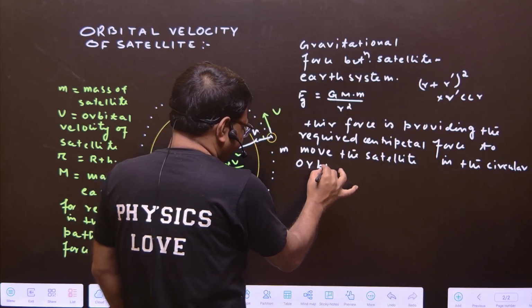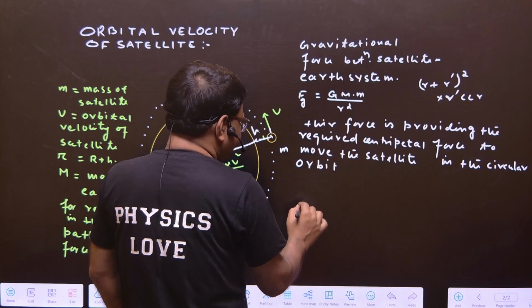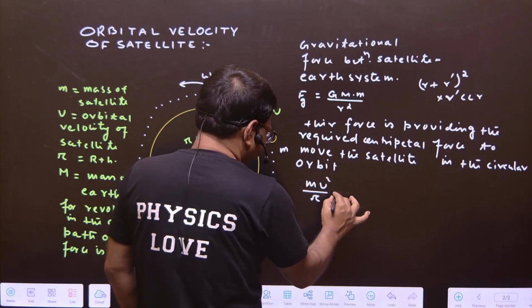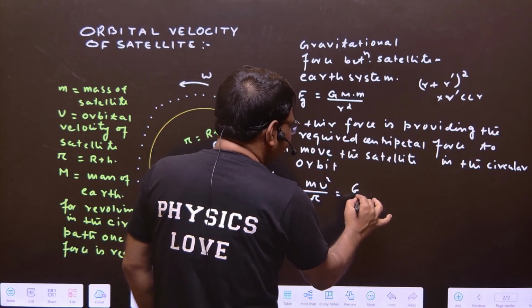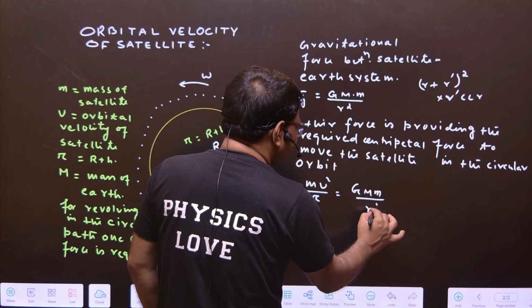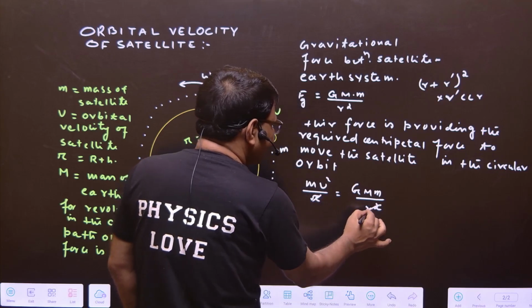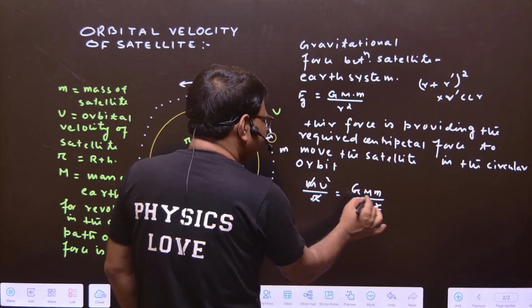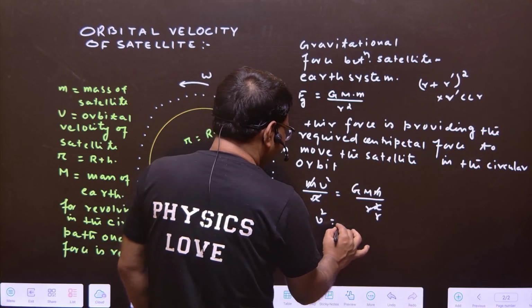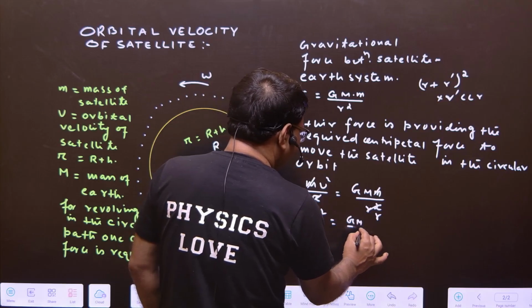That's why we can write here, centripetal force mv square by r is equal to G into M m divided by r square. One r will be cancelled here, and small m on both sides will be cancelled. Then v square is equal to GM by r.